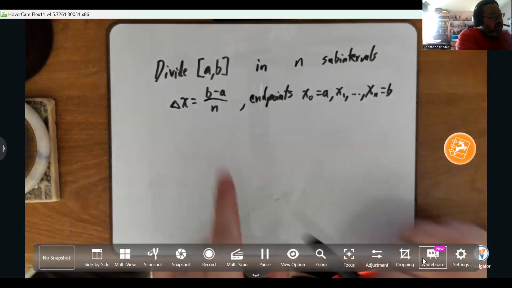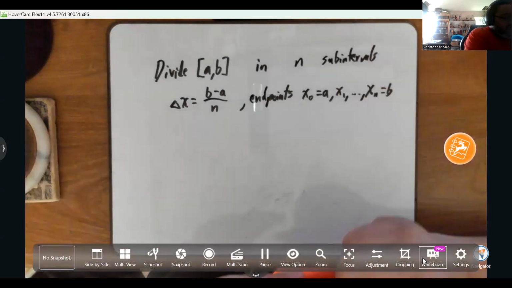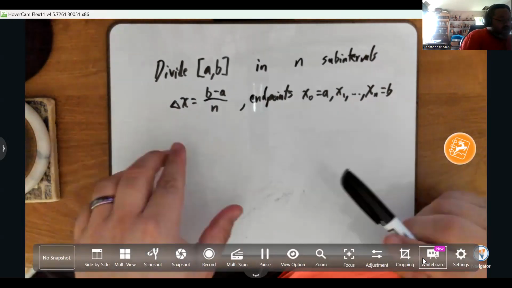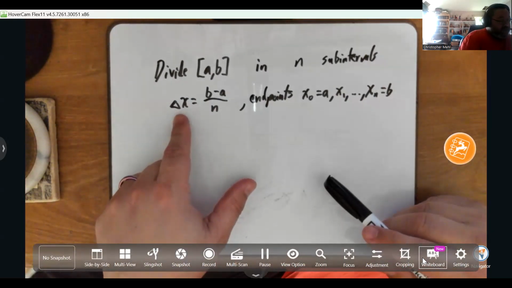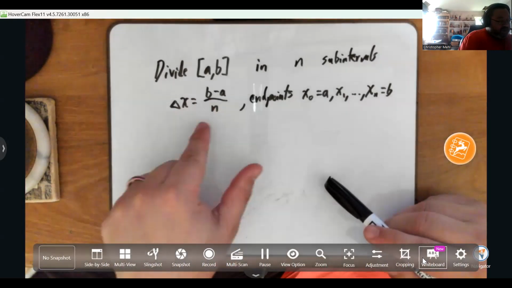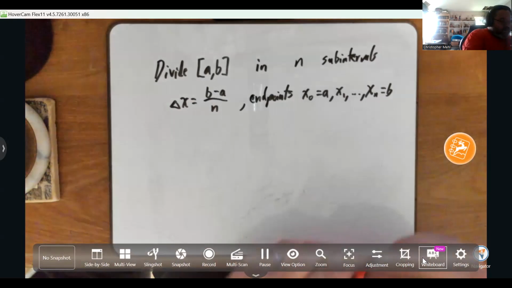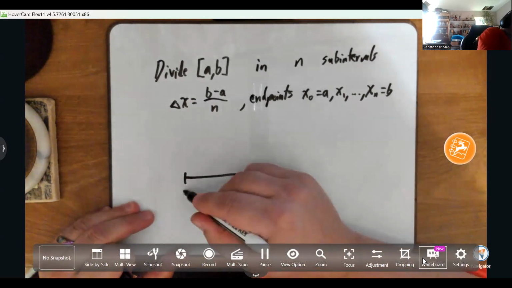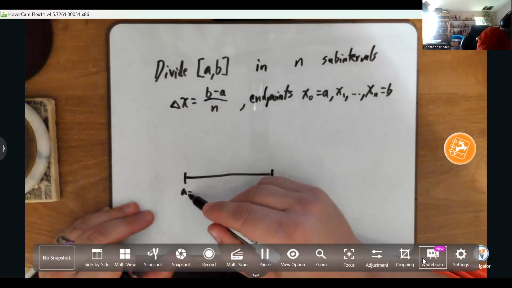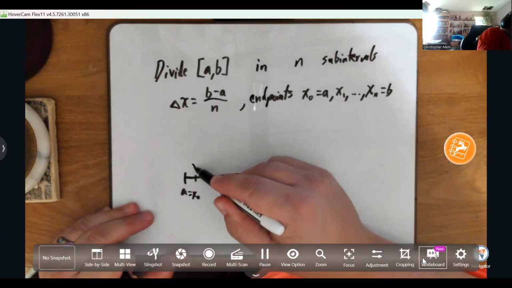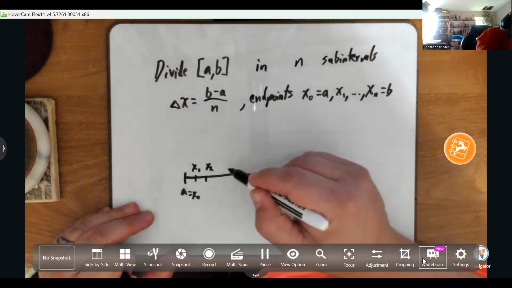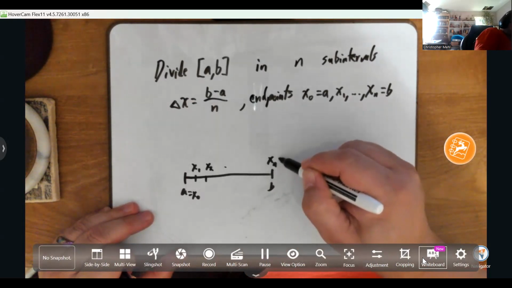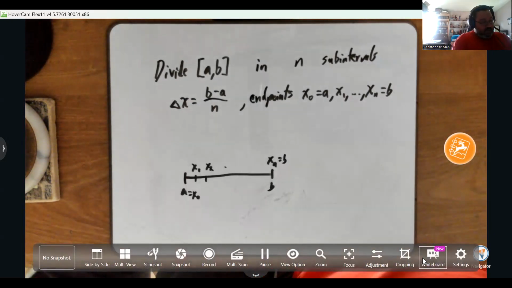We're going to chop up the interval AB into n subintervals, and each one is going to have width delta x, which is b minus a over n. So on our interval from a to b, a is our first endpoint, and then we have x1, x2, and so on. We have n pieces until we get to xn equals b.